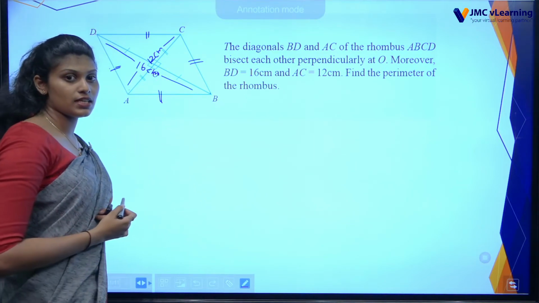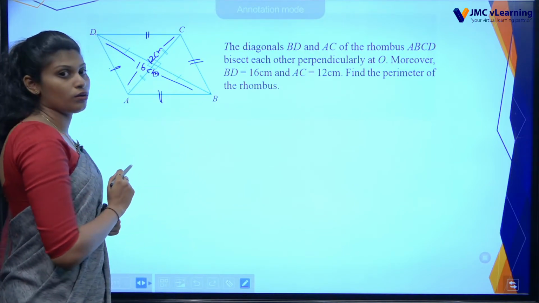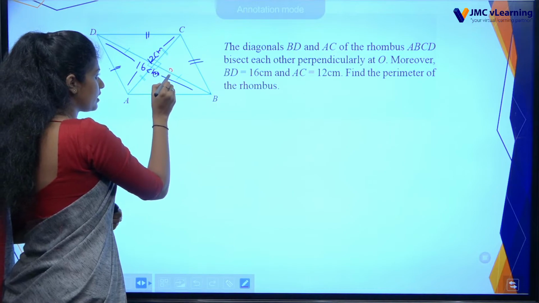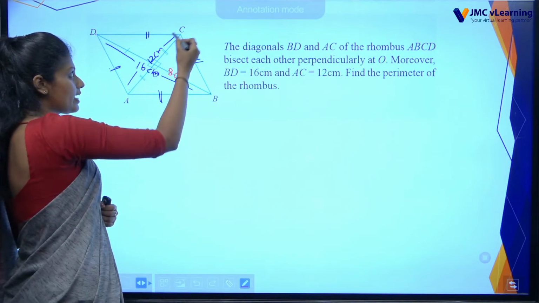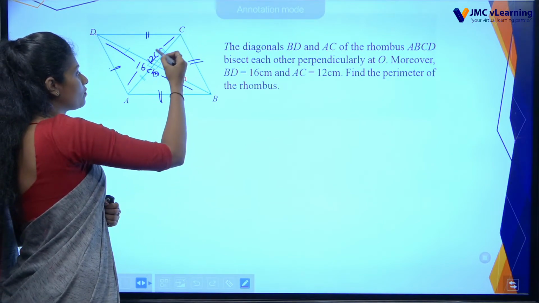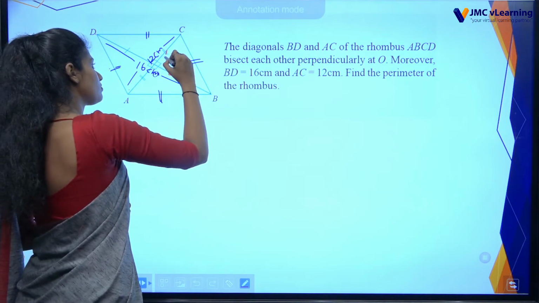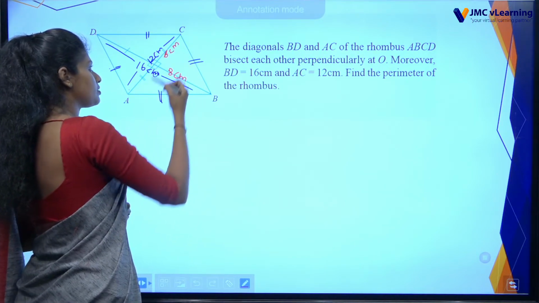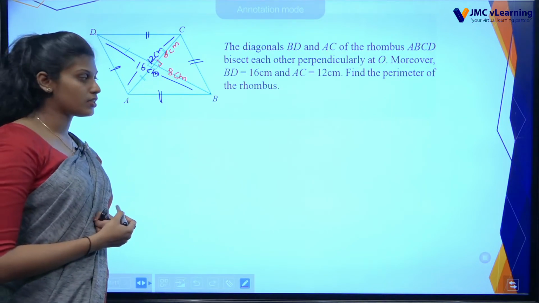When BD is equal to 16 centimeters, the half of it is 8 centimeter. And here AC is 12 centimeter. To find the length of CO, you have to take the half of 12. It is 6 centimeter.